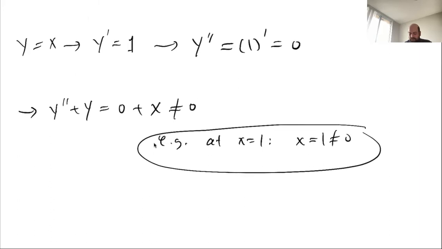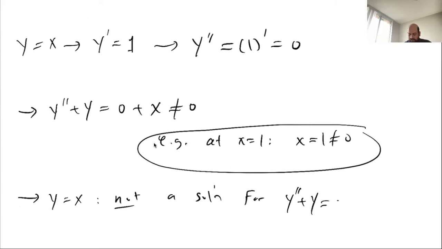Okay, now let me give you an exercise. So this means that y equals x is not a solution for y double prime plus y equals 0.